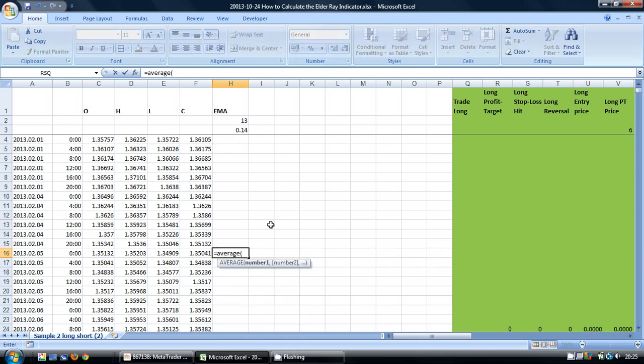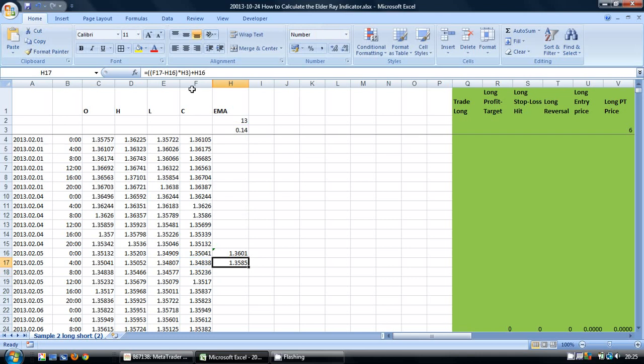then I'm going to calculate just the simple average in our first cell here, and then in the next one I'm going to calculate our first EMA. I'm going to do this by taking the close, subtracting the previous day's average, and multiplying this by our factor, and then to this I add our previous day's average.